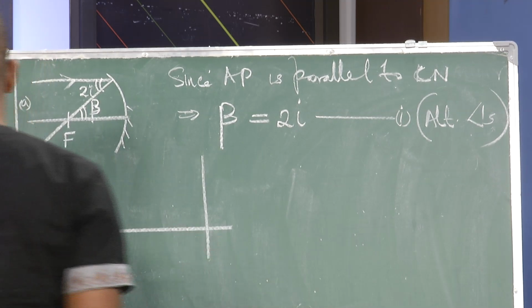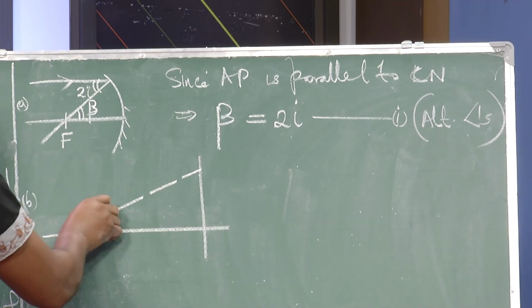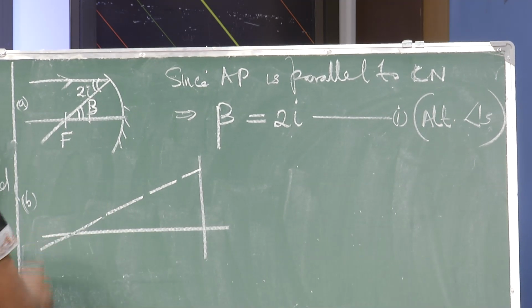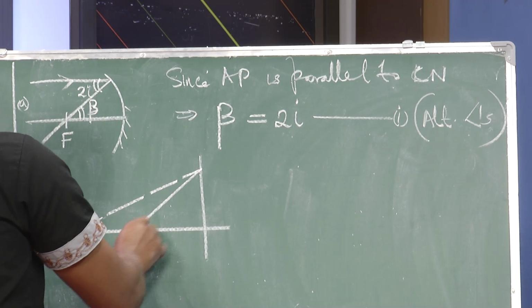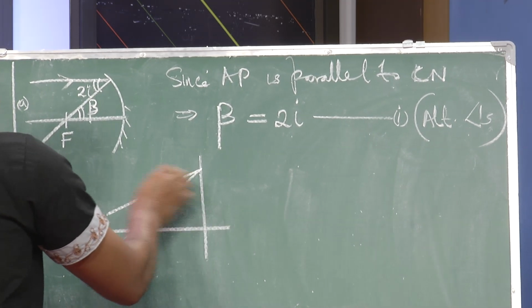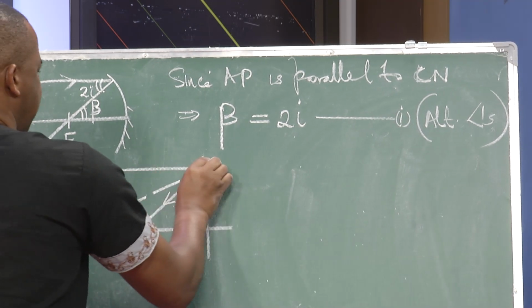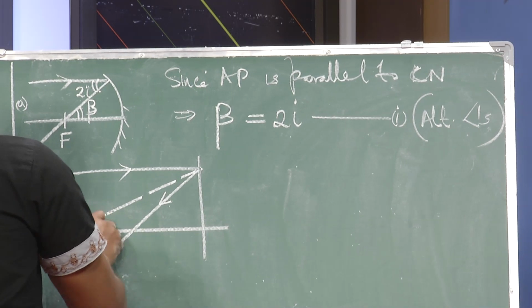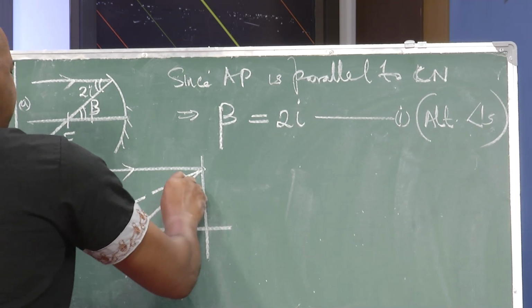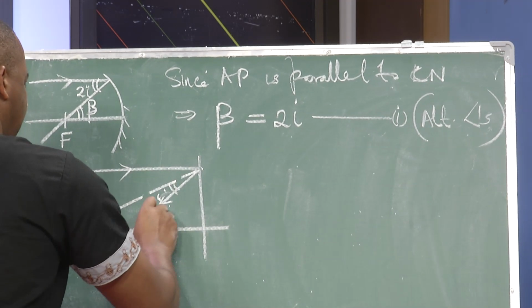If I picked the normal alone, and I pick this ray, my interest is this angle, and now this angle, and now this angle.